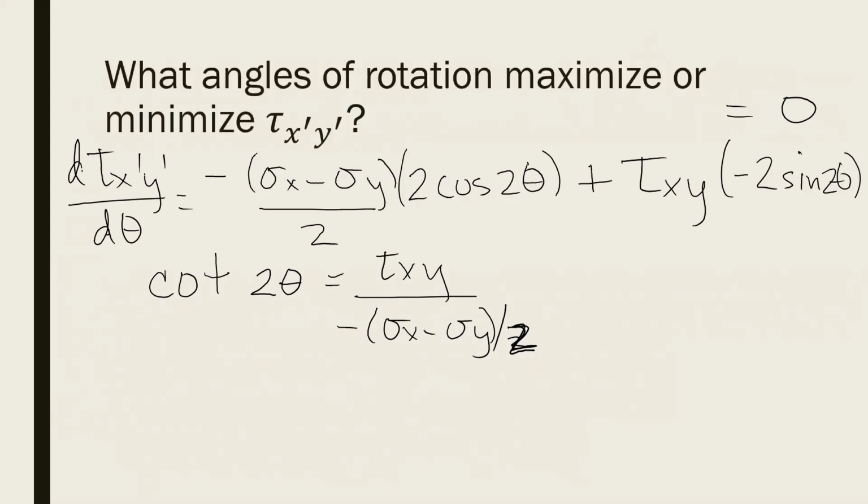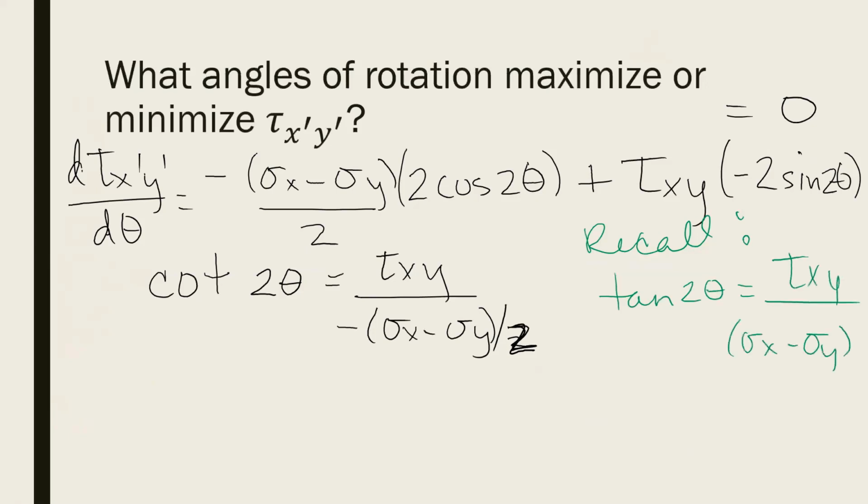But previously, I said from our other derivation that the tangent of 2 theta equaled tau xy over sigma x minus sigma y over 2. So I have tangent of 2 theta, and actually we gave that a special name, theta p.